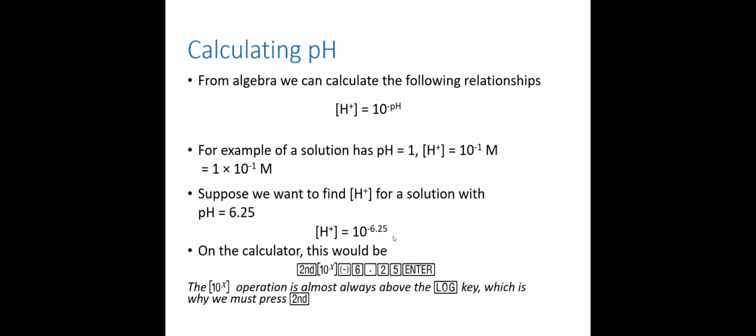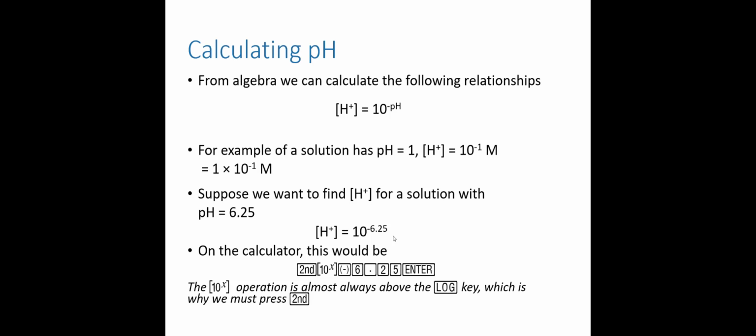You want to put it into the calculator and see what it comes up with. So let me go ahead and do that. So I put in my 10 to the power button and then negative 6.25 and hit enter. And I come up with 0.000000562.